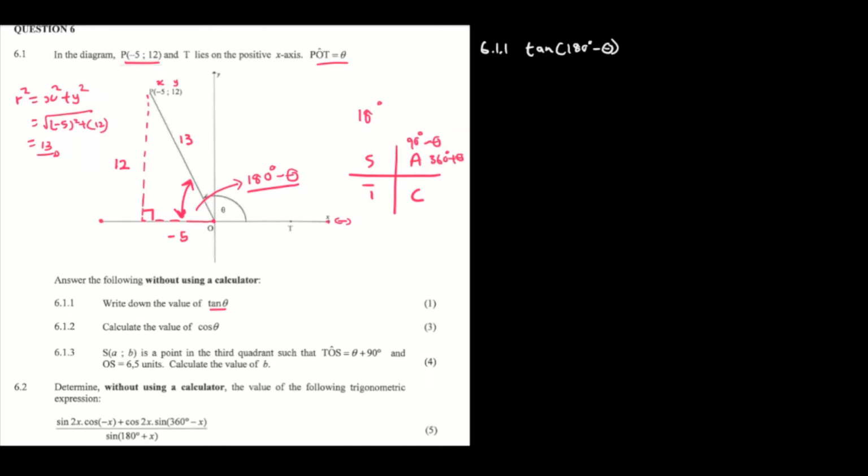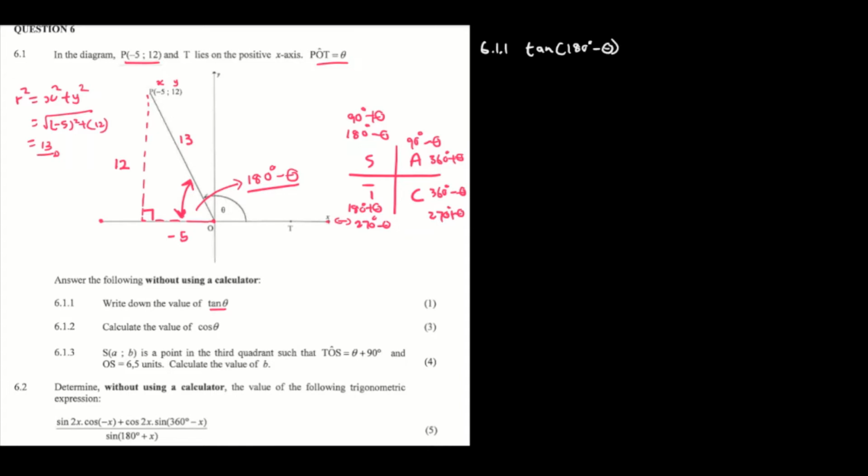Then here it's going to be 180 degrees minus theta, 90 degrees plus theta. Then here it's going to be 180 degrees plus theta, 270 degrees minus theta. Then in the fourth quadrant it's going to be 360 degrees minus theta, 270 degrees plus theta.